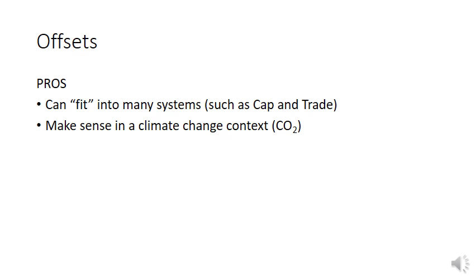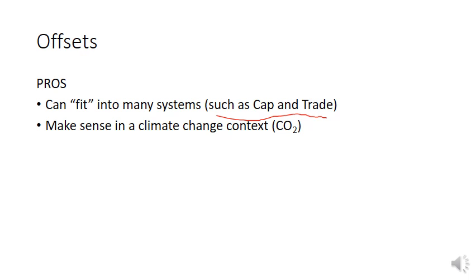So in this sense, though it fits in many systems, it's most natural in a cap and trade setting. Because in this sort of setting, we're already trading permits, and offsets basically act like additional permits that can be bought and sold on the same market.